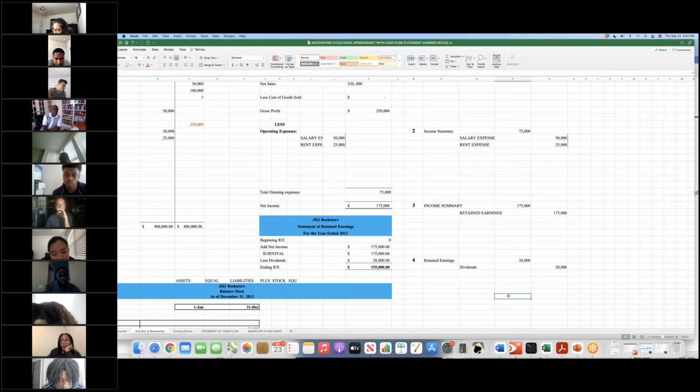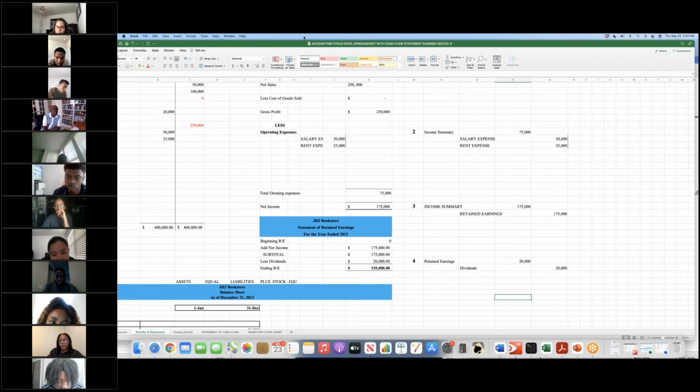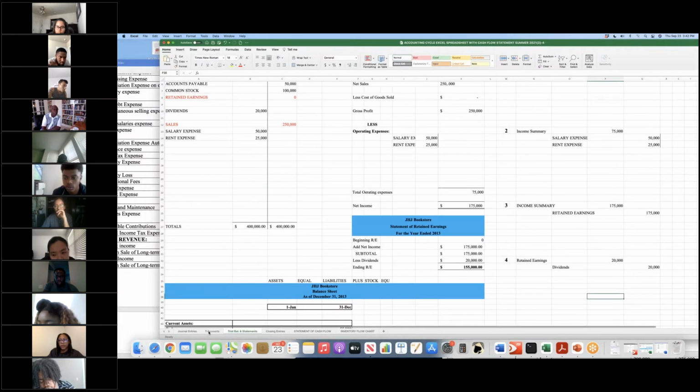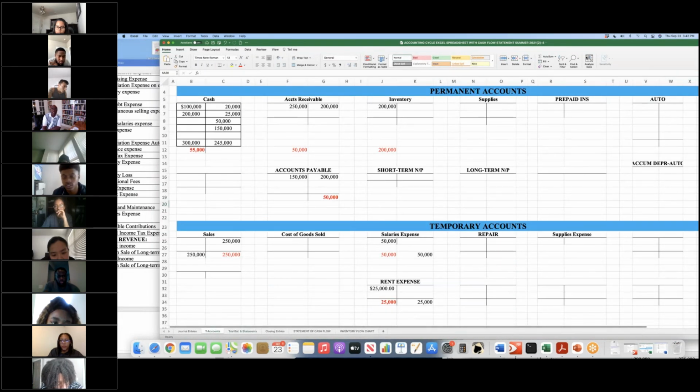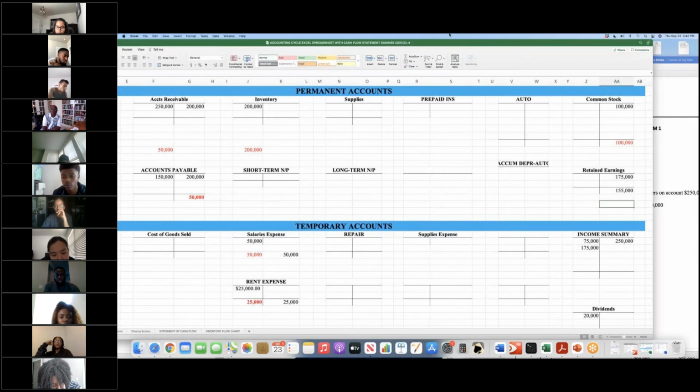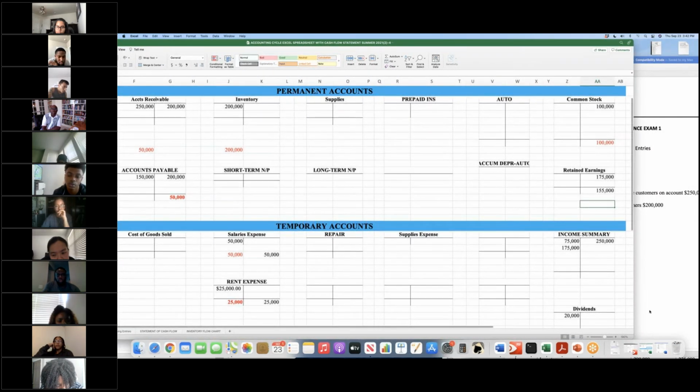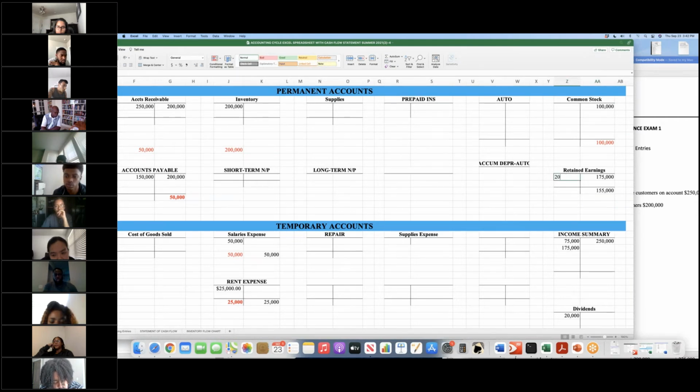Rather than having these on a separate sheet, I just put some space here so you could better see where the numbers were coming from. We go back to the T accounts and we post: we debit retained earnings 20,000 and we credit dividends 20,000.